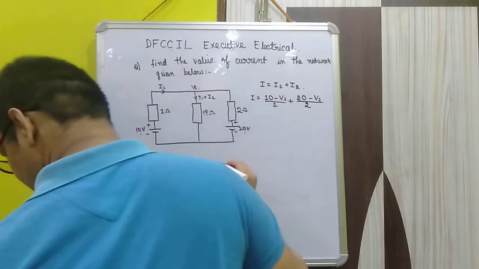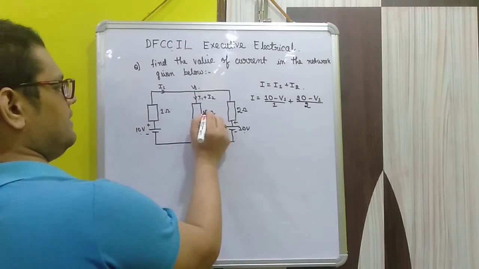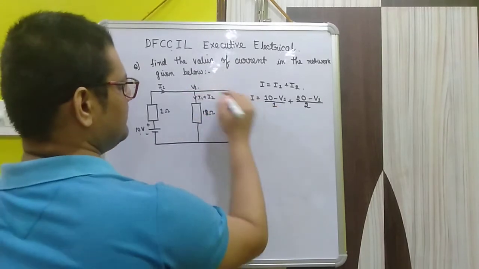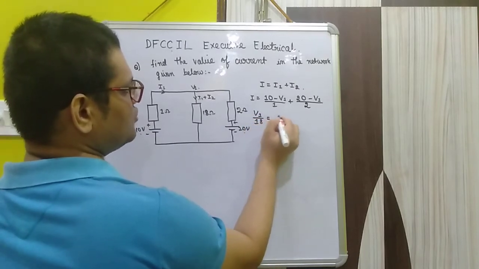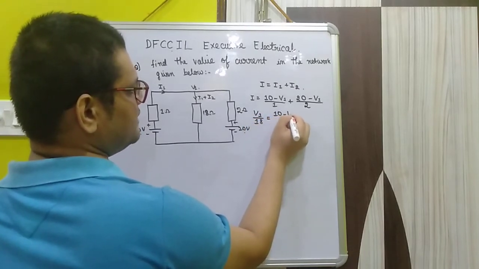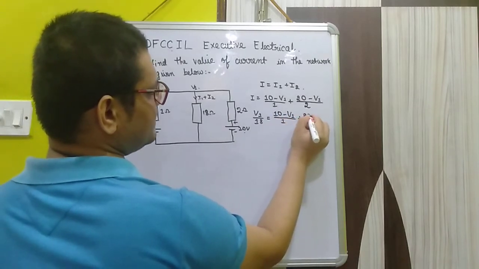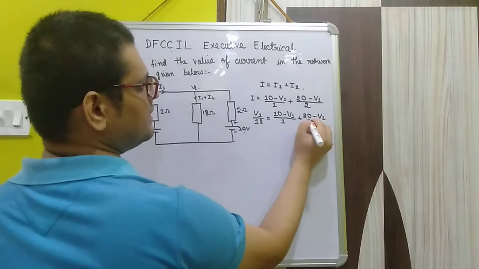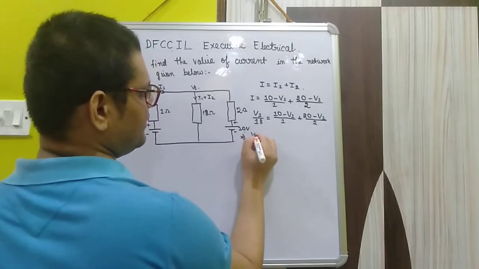So what will be the right hand side over here? That is V1 divided by 18. This will be V1 divided by 18 is equal to 10 minus V1 by 1 plus 20 minus V1 divided by 2. Now we take the LCM of the overall equation.